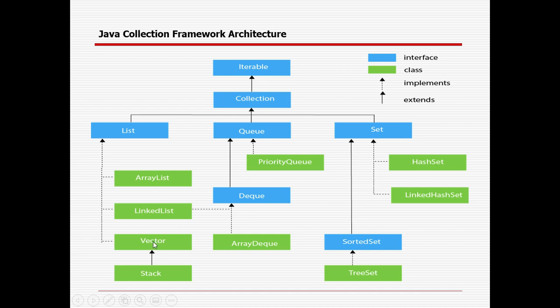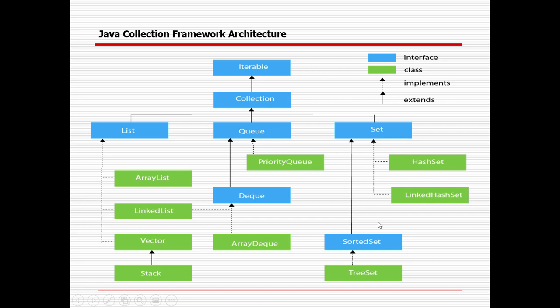Whereas array queue and linked list are implementing the deque interface. Deque interface is extending the queue interface. Priority queue class is implementing the queue interface. Similarly, tree set is implementing the sorted set interface, whereas linked hash set and hash set are implementing the set interface.